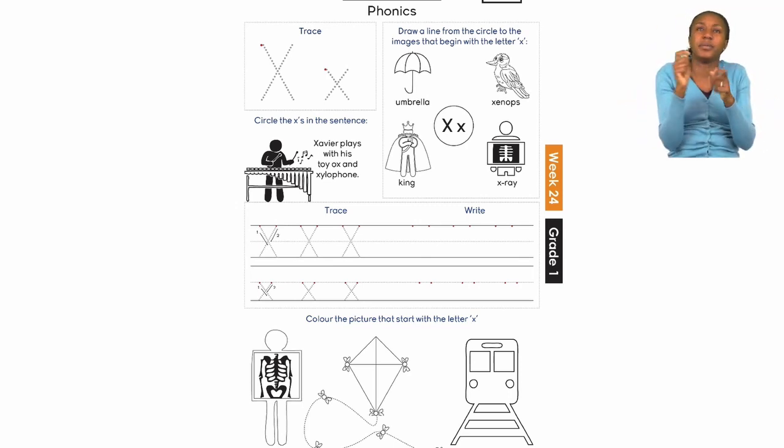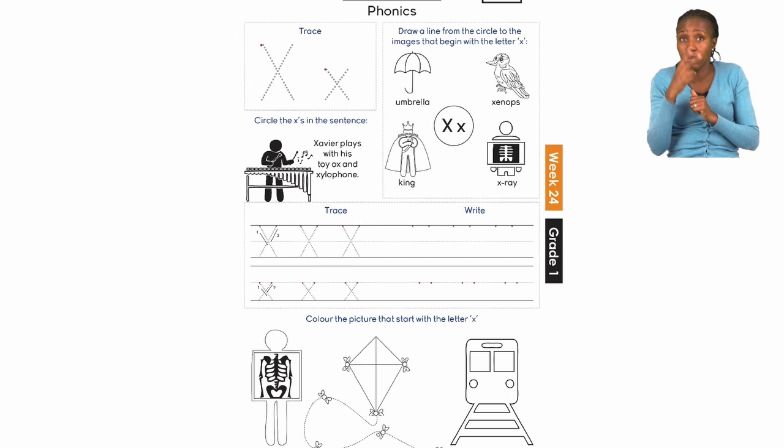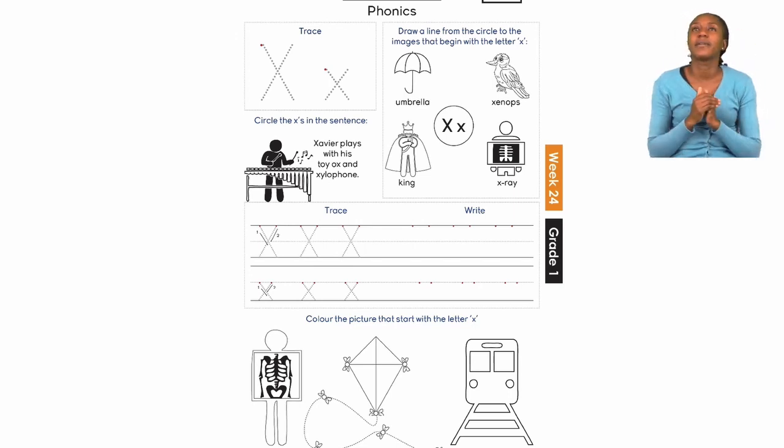And then you have a train. An X-ray, a kite, and a train. Now you have to decide which picture starts with the letter X, and then go ahead and color that one. Okay, have fun, boys and girls.